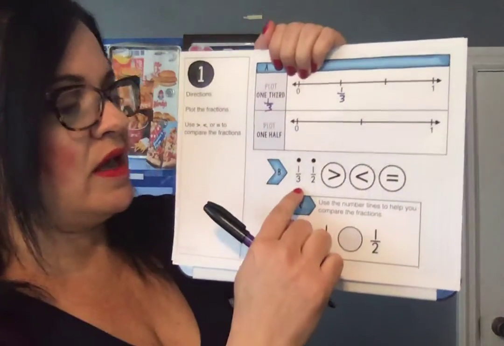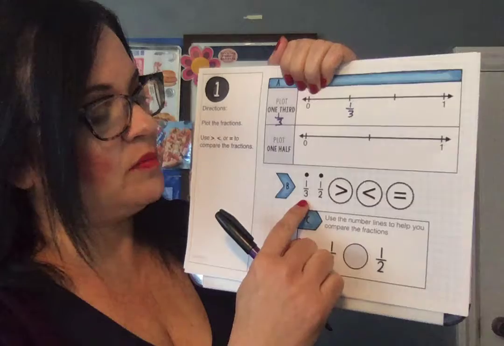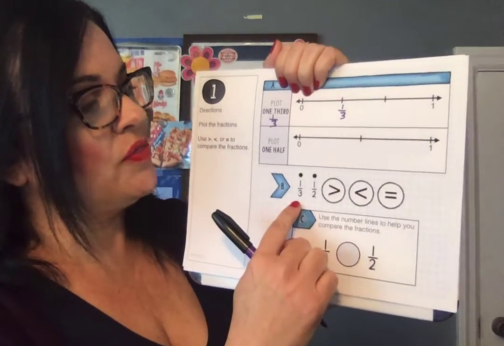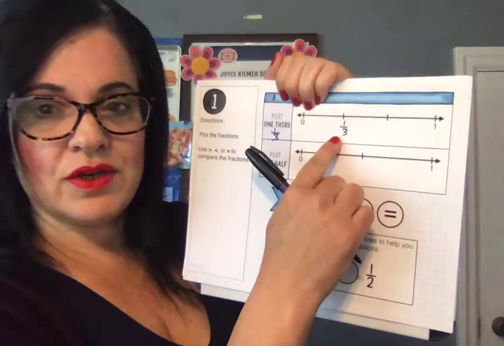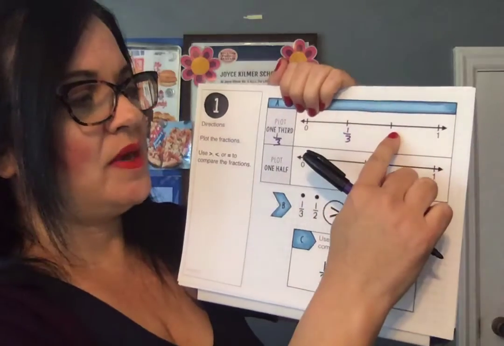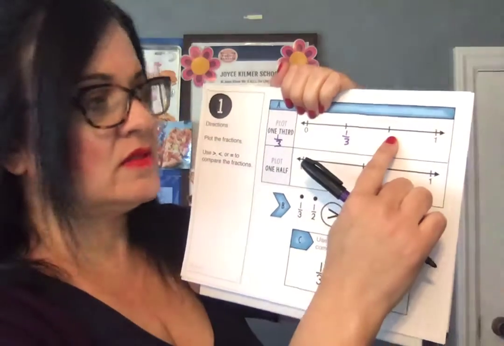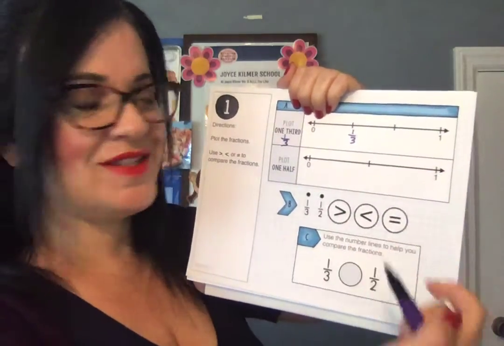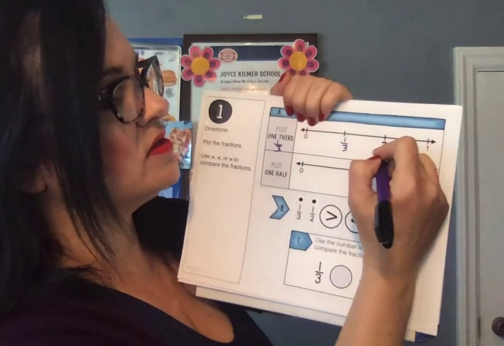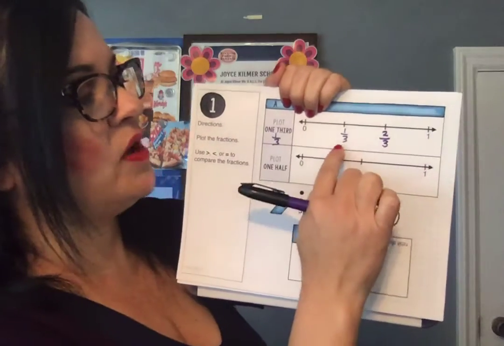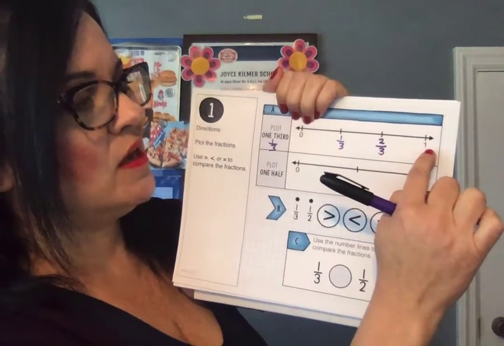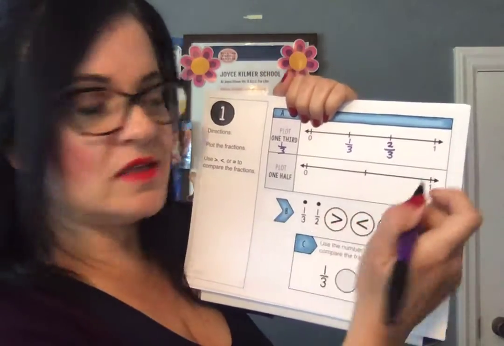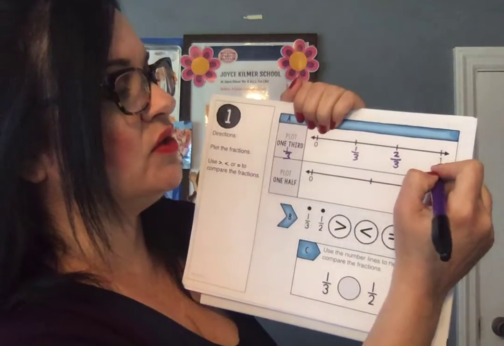Now on your screen you'll actually be able to move this 1/3 right here. You will not be able to fill in this point here, but that point, if you were going to continue, would be 2/3. So we have 1/3, 2/3, and 1. Well, 1 is the same as 3/3.